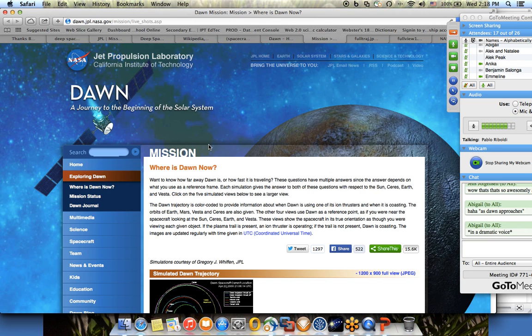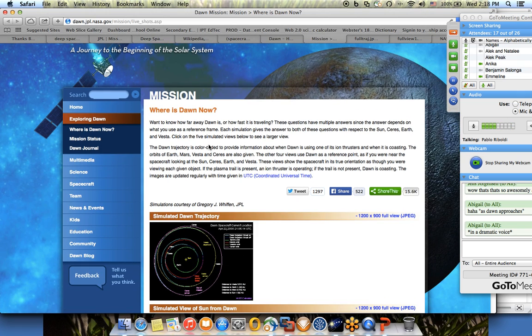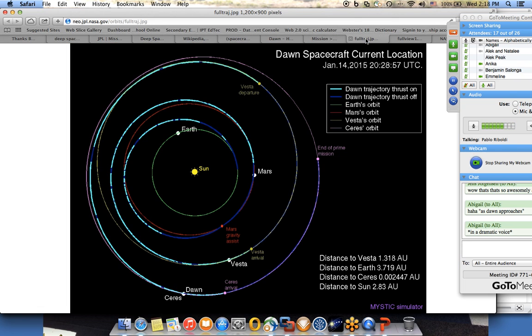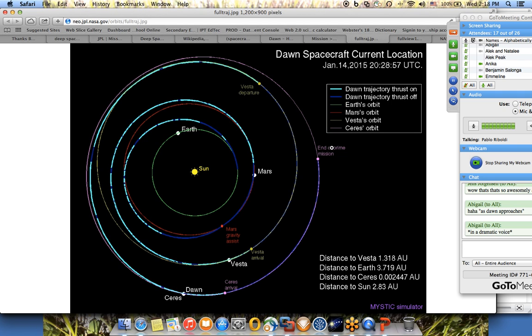So the mission of Dawn is to study these two planets, and this is the trajectory, in a dramatic voice, as Dawn approaches, ta-tong. So this is the trajectory of Dawn.